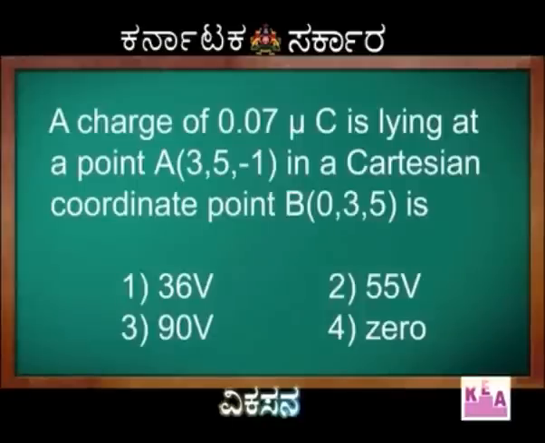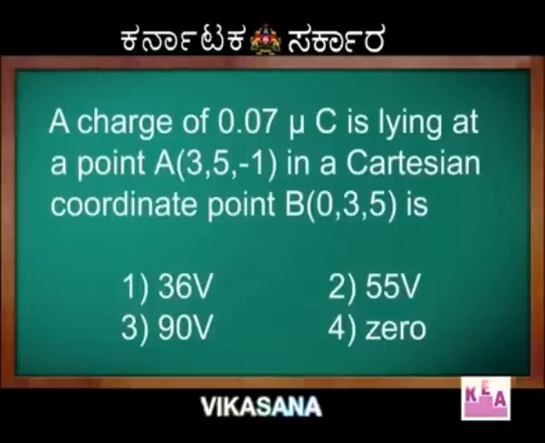The question is, a charge of 0.07 microcoulomb is lying at a point A with the coordinates 3, 5, -1 in a Cartesian coordinate system.